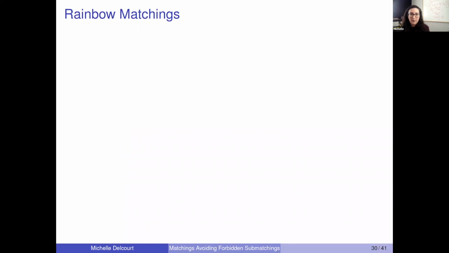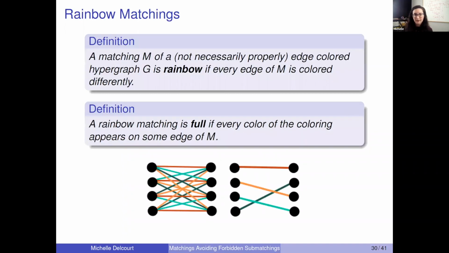And we could also look at, for instance, in honest-to-goodness graphs, finding so-called rainbow matchings. A matching is rainbow if each edge receives a different color. And here, the hypergraph or the graph is colored, and maybe not necessarily properly; it depends on the problem.